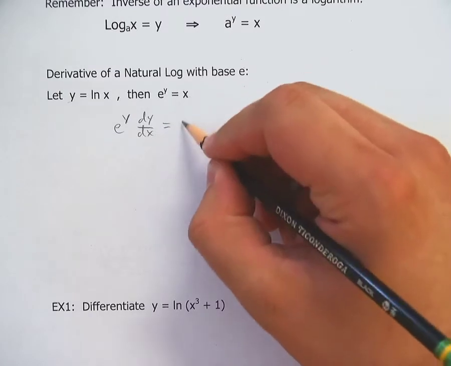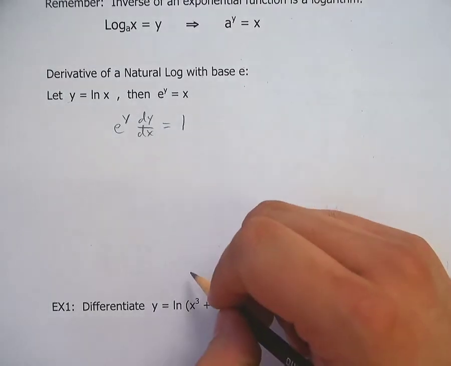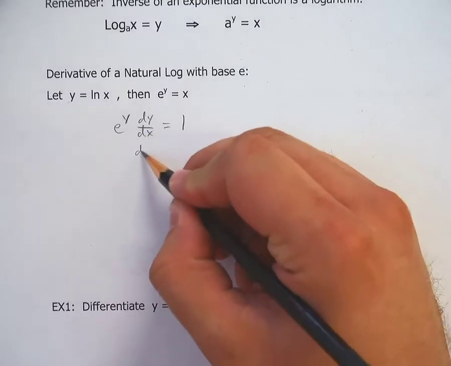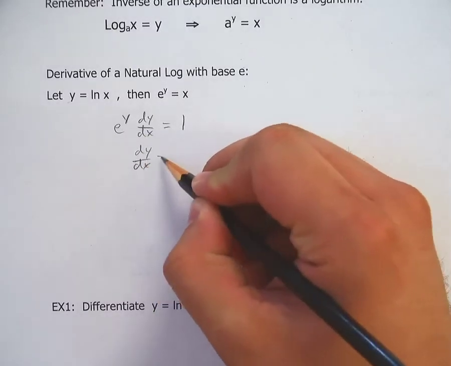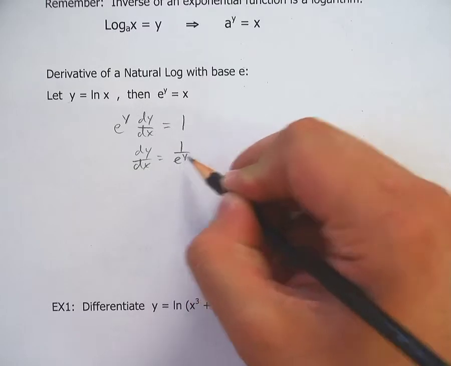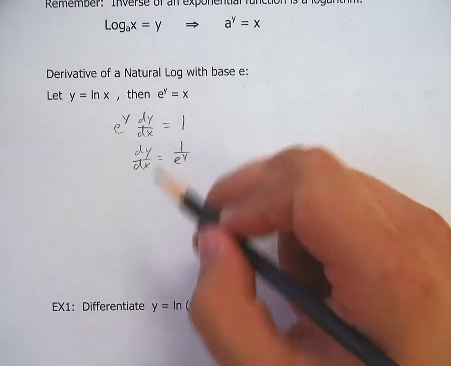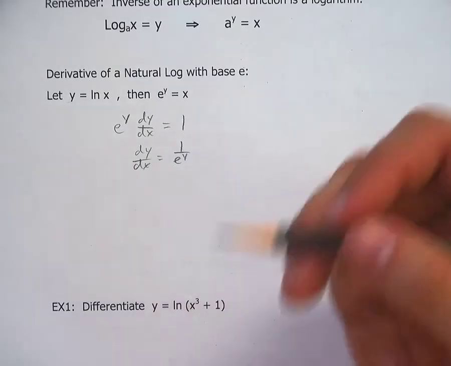And the derivative of x is 1. So solve for dy dx, divide by e to the y, you get dy dx is 1 over e to the y. And again, what I'm showing you here is how we come up with our formula, how we come up with our rule. This is where it's derived from.